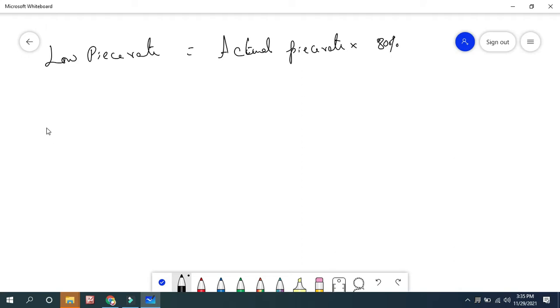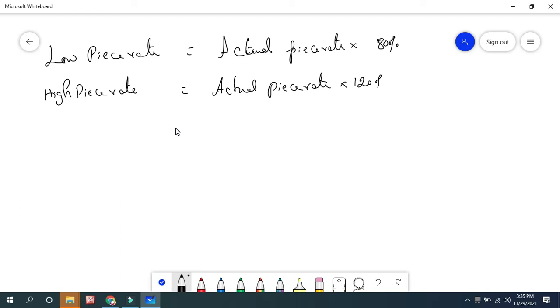When it is high piece rate, then it is actual piece rate into 120% of the piece rate. This is the formula. We are going to see some sums now, right?